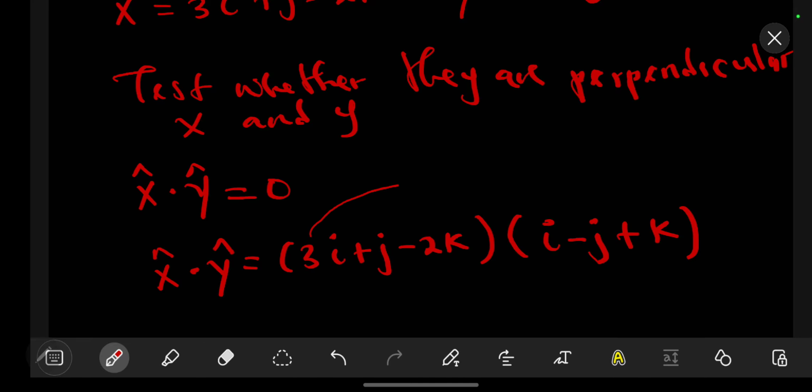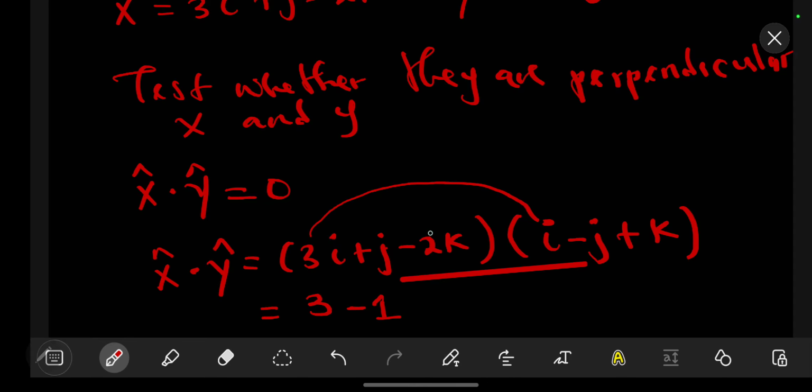So we are going to multiply the ones with i. As long as we have 3i, we multiply it with the only one that has i. So 3i times i will just be a 3. Then j times negative j will be equal to a negative, since negative times positive is negative, and j dot j is equal to positive 1.